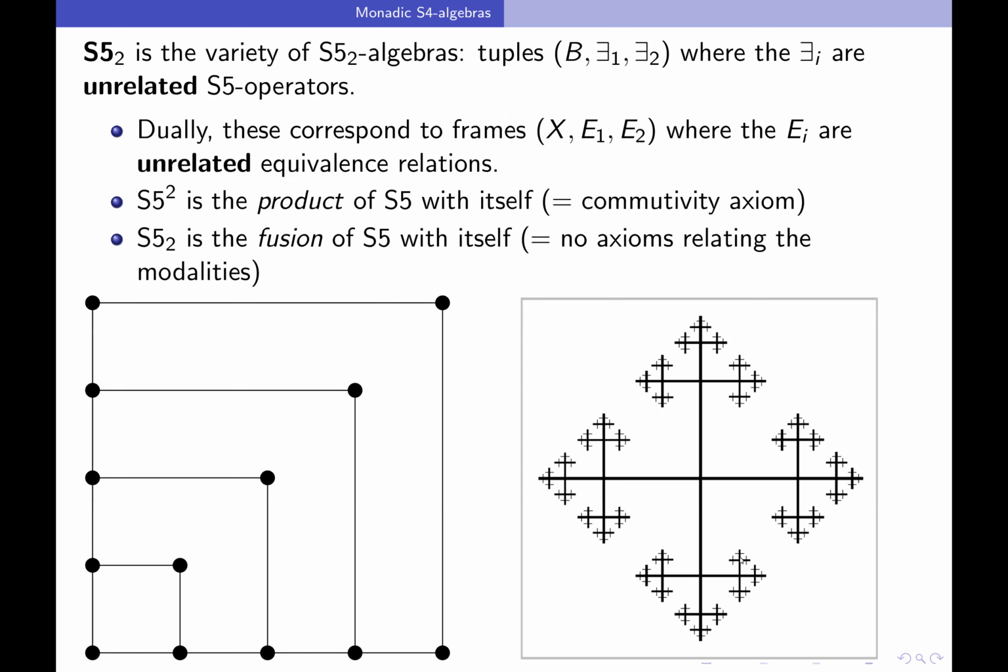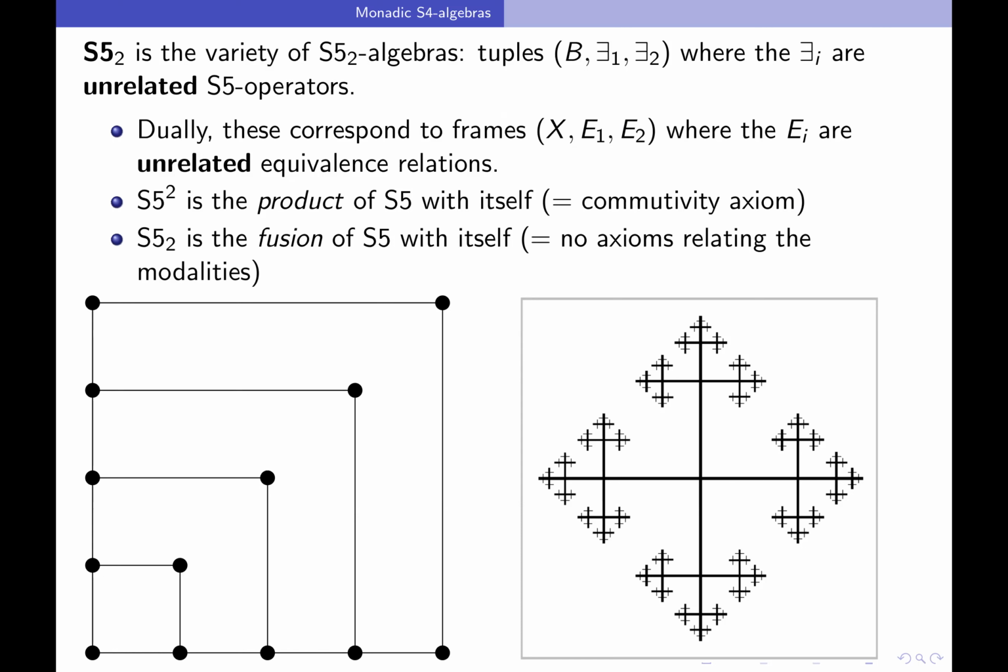Below here is just a picture of some unexpected examples. These S5(2) frames can be whatever, when the relations don't have to commute. If I'm thinking of S5 squared frames as grids, like we saw on the other page, where if I can go right and up, I can go up and right, that is not the case here. In both of these pictures, I'm still going to use vertical lines to denote the equivalence classes; I honestly forgot which one I think of as vertical, but let's say E2 will be vertical lines.